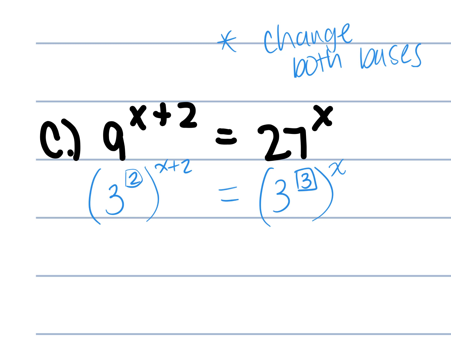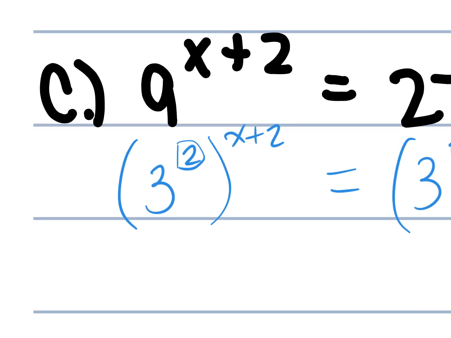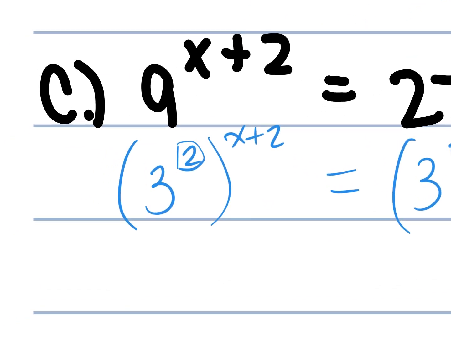Now my base is going to be what for both of these? 3. Now, don't forget, when you multiply these exponents, what needs to happen here on the left-hand side? It's going to be 3 to what power? 2x plus 4. How did we get plus 4? Did we not distribute?